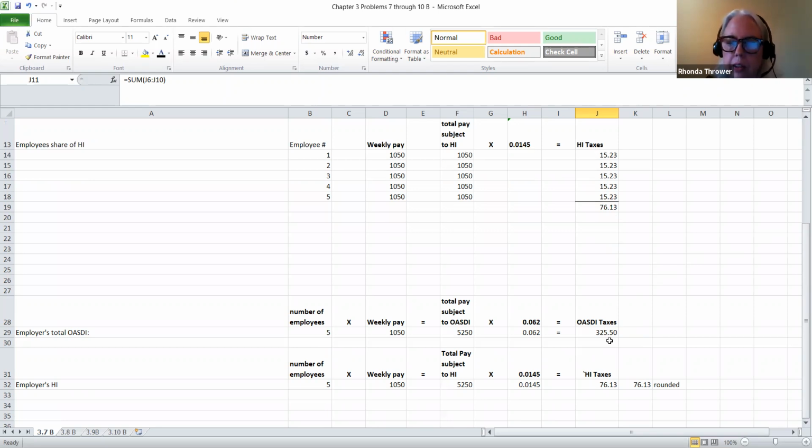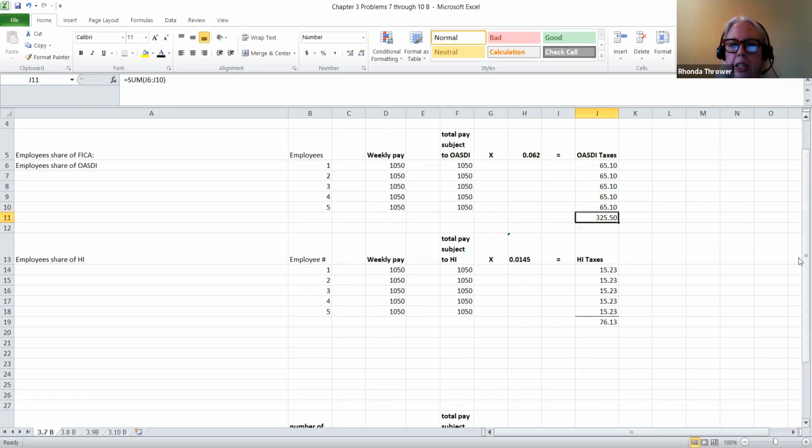In this case, it is $325.50 because there were no rounding errors that we had to account for. There could be a cent difference or so in the employer's total OASDI and what was actually withheld from the employee because of rounding errors. Remember, with the employers, we take the total pay that's subject, multiply it by 6.2%, and that gives us our OASDI taxes.